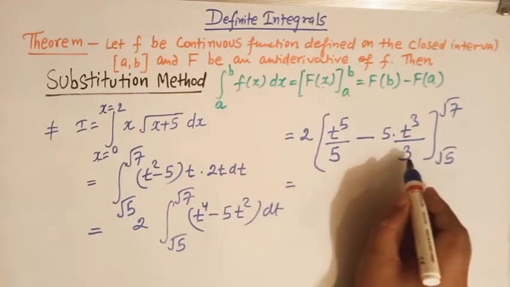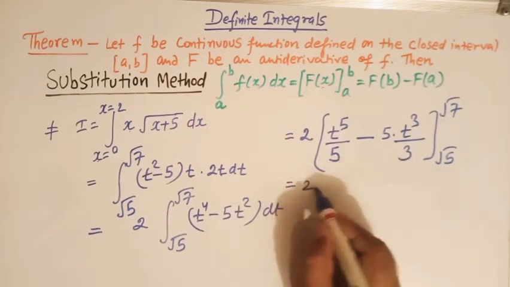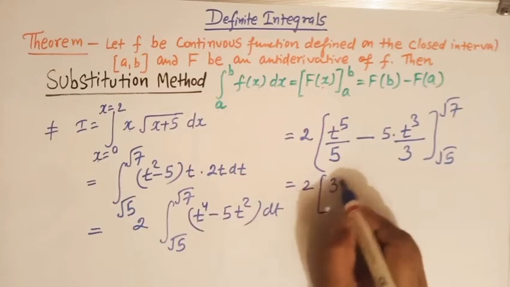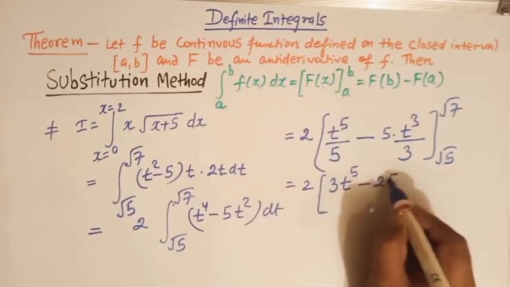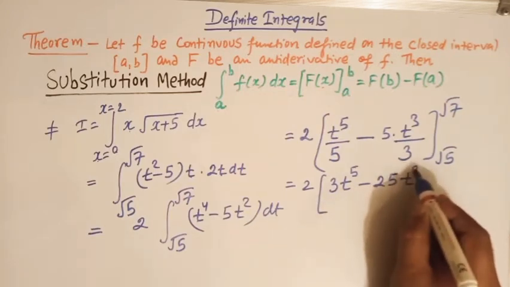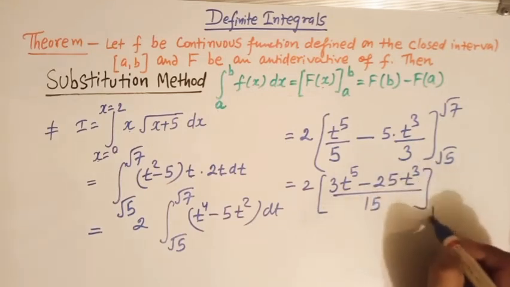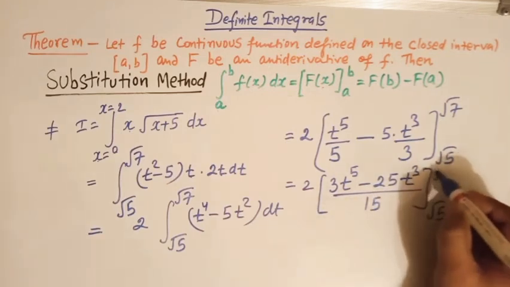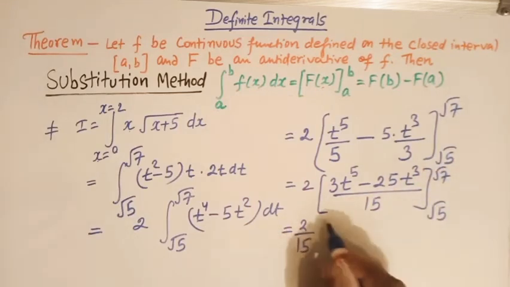Now if we take the LCM, here we have 3t to the 5 minus 25t cube over 15, right, from square root of 5 to square root of 7. So we can write 2 over 15.